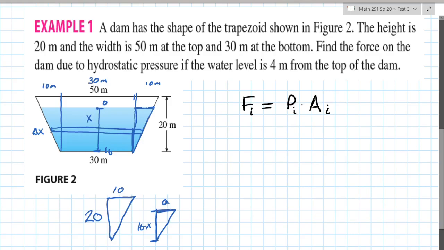So using similar triangles, we have 10 over 20 equals A over 16 minus x. Or, clearing these fractions, we have 1/2 times 16 minus x equals A.